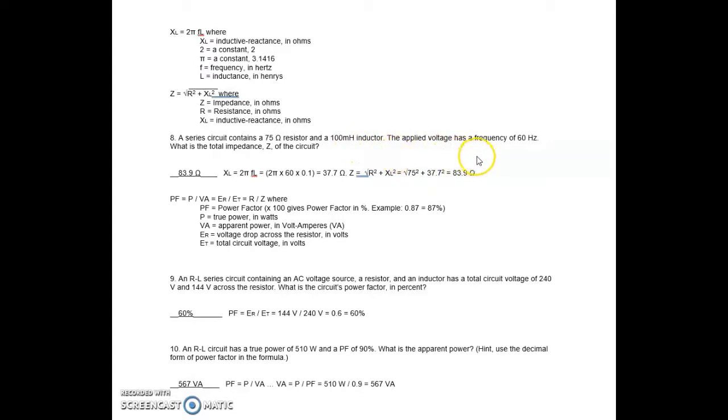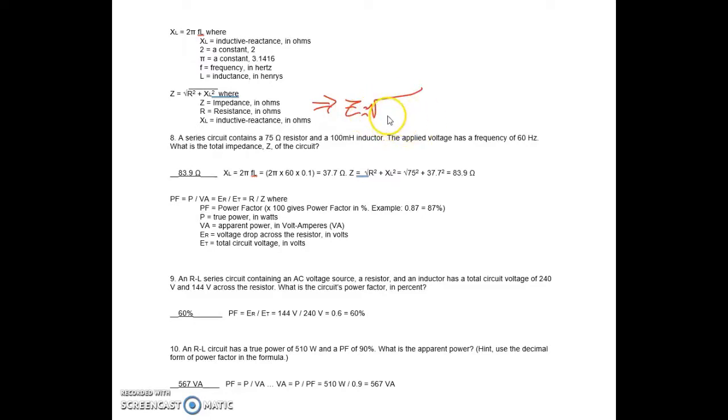The applied voltage has a frequency of 60 Hertz. What is the total impedance Z of the circuit? This is a two-step process. I'm going to look at the second step first. That's this formula here. The question is asking for Z, total impedance.